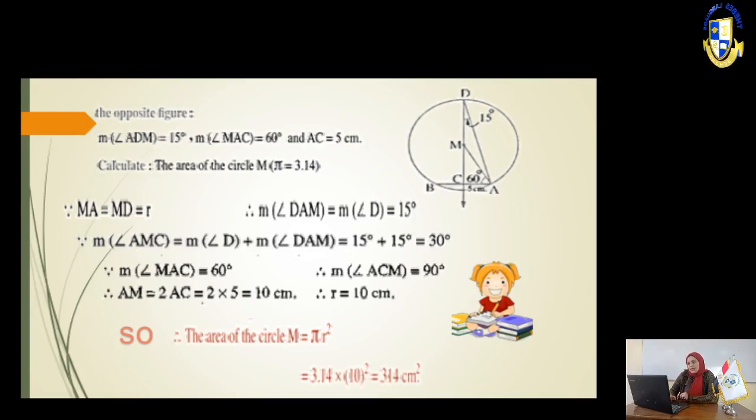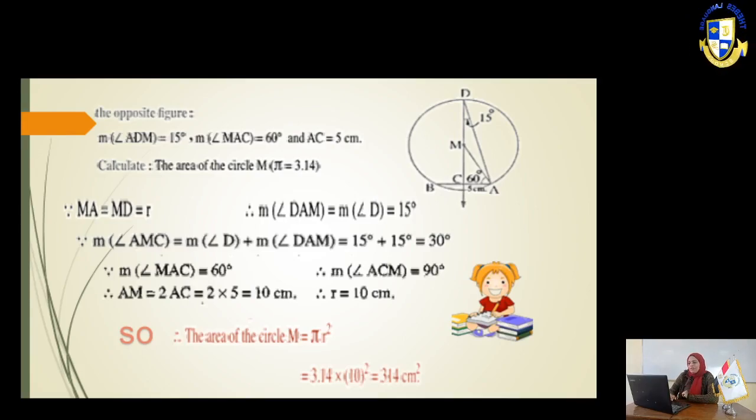As we see in the triangle inside the circle, we have the measure of angle D equals 15. Also, we have MA and MD are two radii of the circle, so we have an isosceles triangle. So the measure of angle ADM equals the measure of angle MAD equals 15 degrees. So the sum of the two angles equals 15 plus 15 equals 30 degrees.